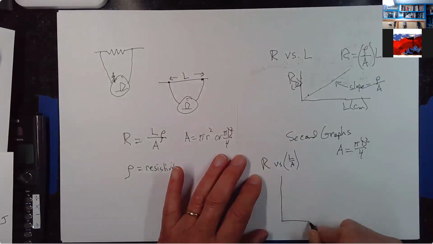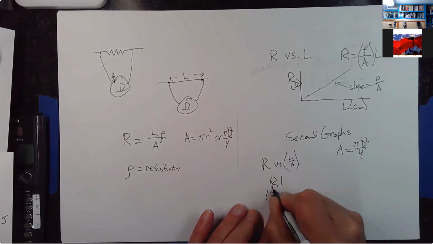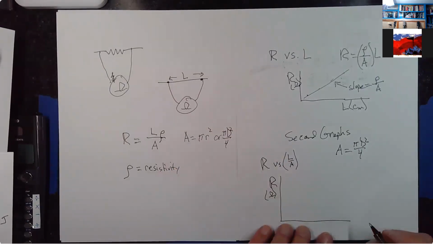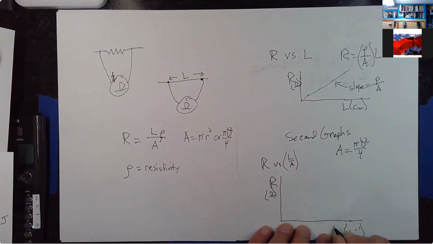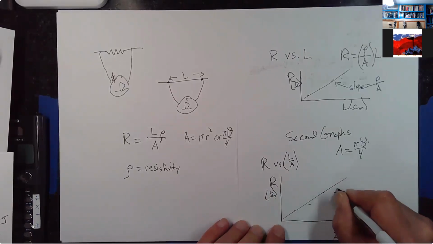But anyway, if you graph R on the vertical axis in ohms, and L over A, which will have units of meters to the -1, because it'll be meters on top and meters squared on the bottom, the slope of that graph is just going to be the resistivity.